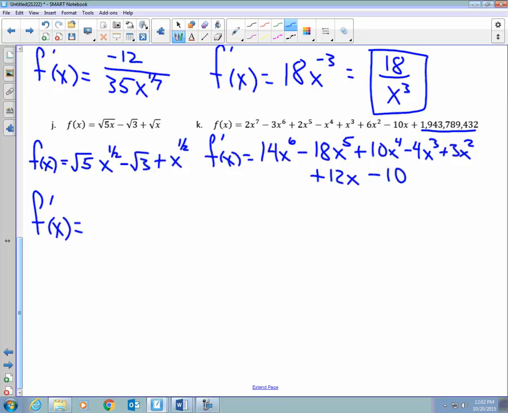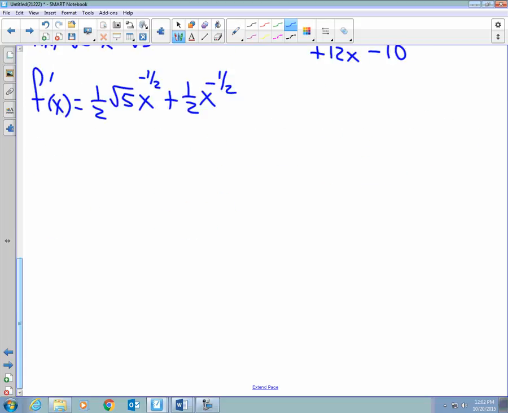What do we get here? I got 1/2 times the square root of 5 times x to the what power? Negative 1/2. What's the derivative of the square root of 3? 0. What's the derivative of x to the 1/2? 1/2 x to the negative 1/2.